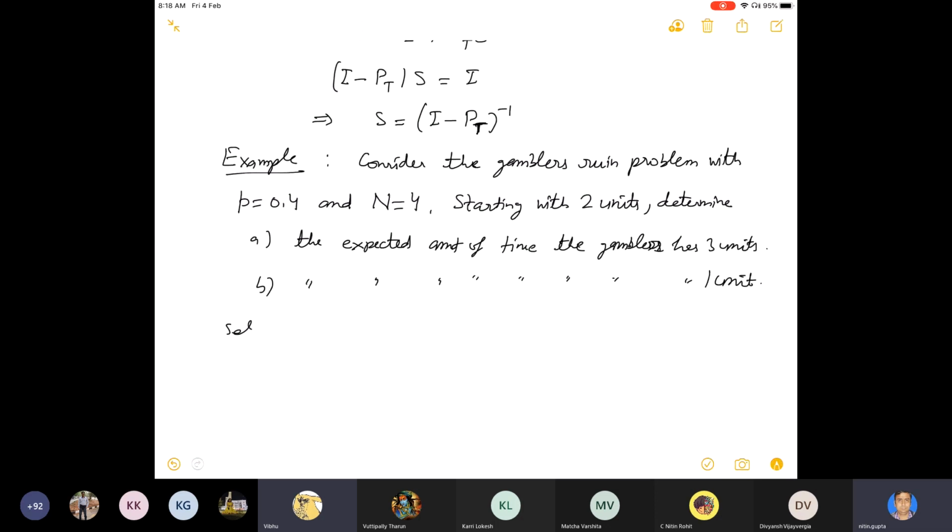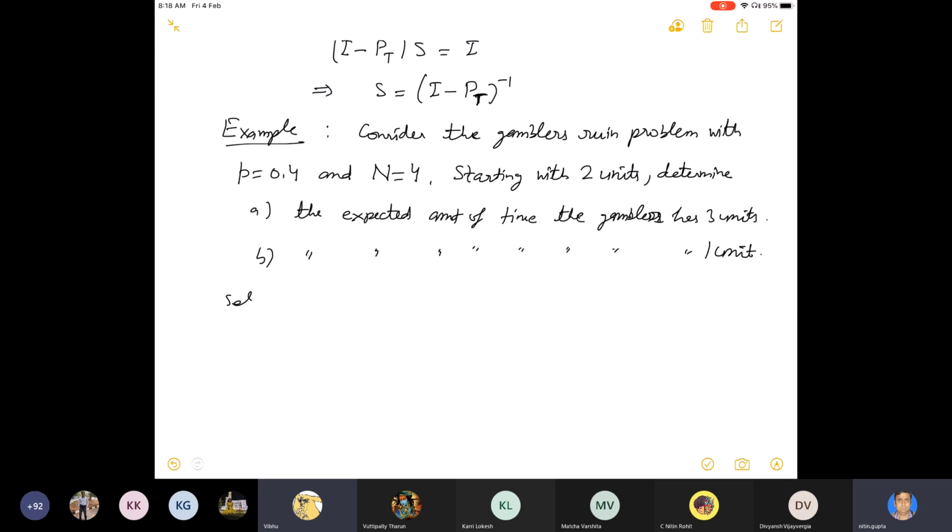So in the gambler's ruin problem, you know that the states are 0, 1, 2, 3, 4.